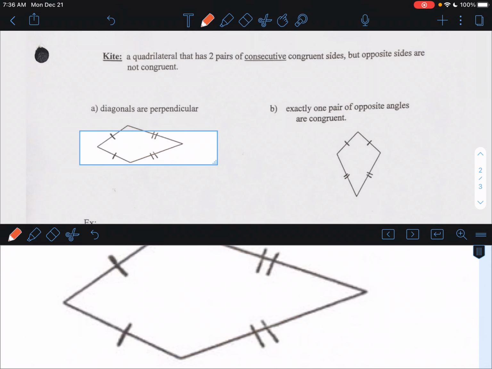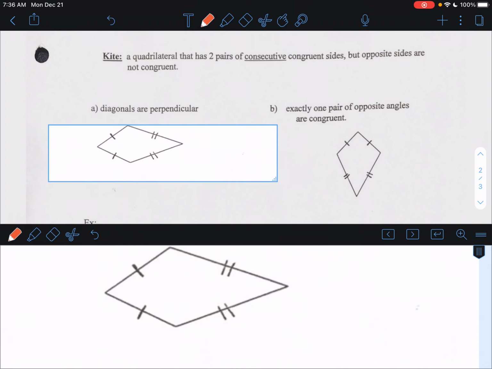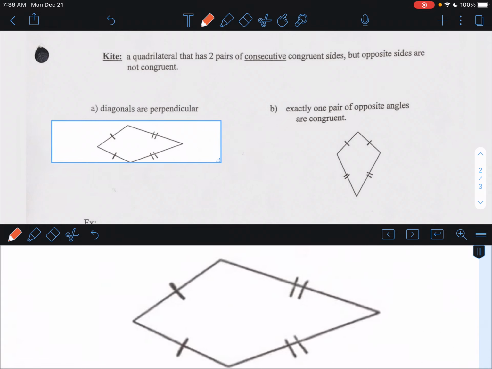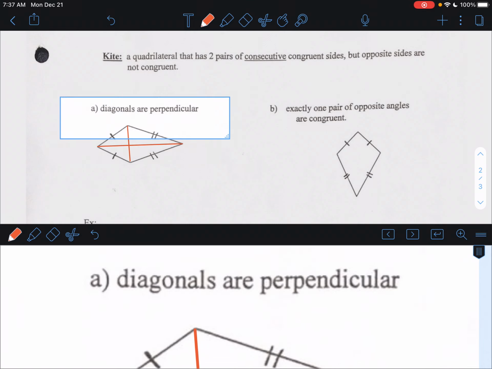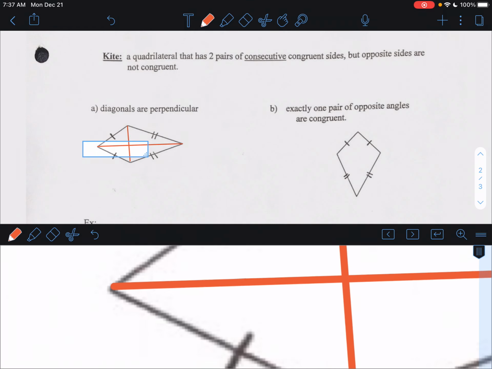Let's see. The first property of a kite is that the diagonals are going to be perpendicular to one another. So I'll draw that in. Here's one of my diagonals. There's my other diagonal. And the property was that they're perpendicular.